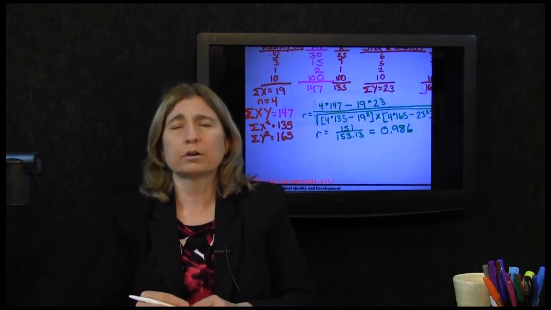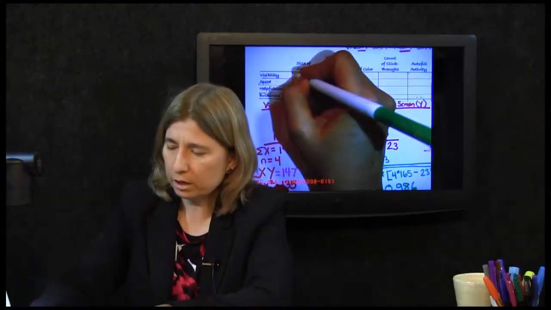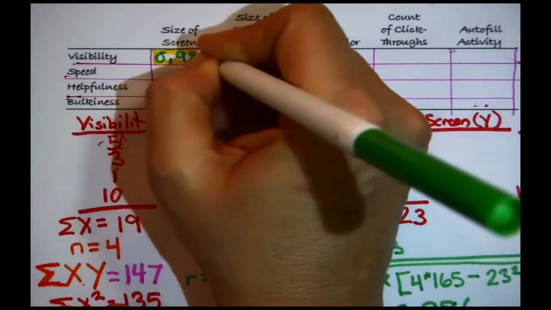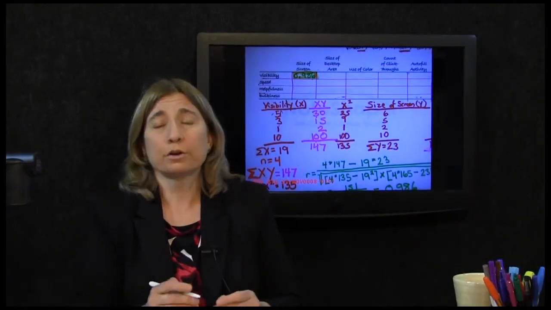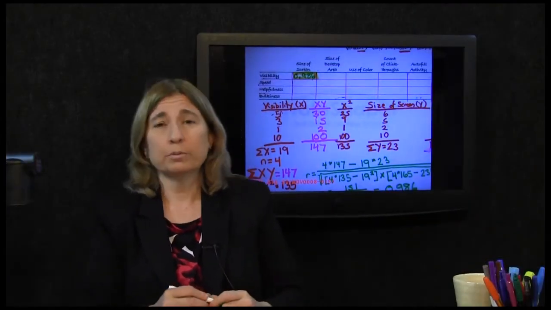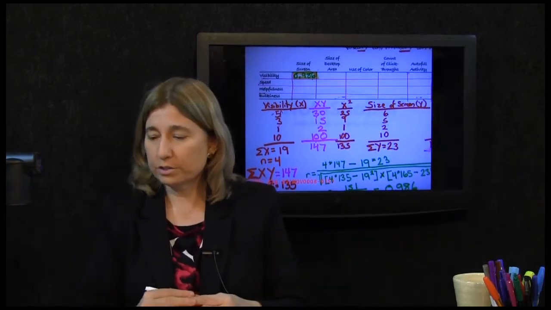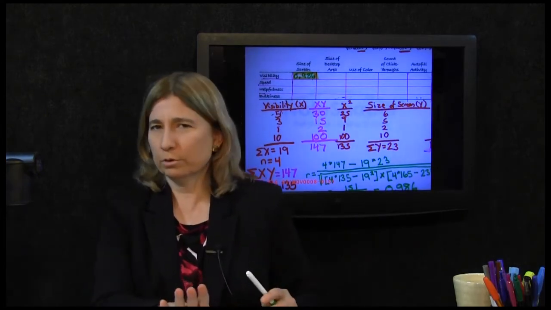Okay, we have this number, 0.986. That goes there. We have found the correlation coefficient between the data on visibility and the data on the size of the screen. What's that supposed to mean? Oh, hold on to that thought.